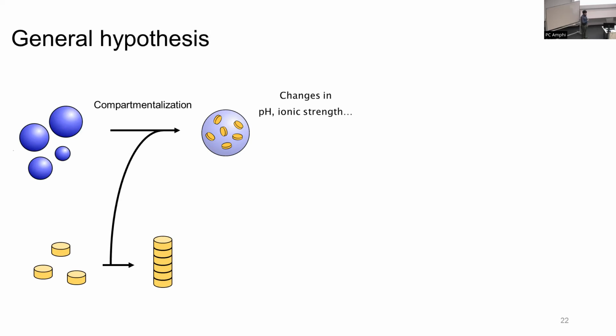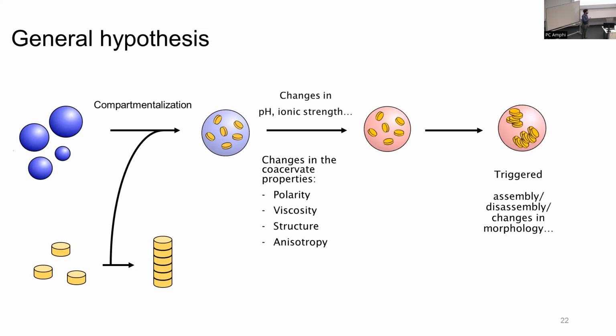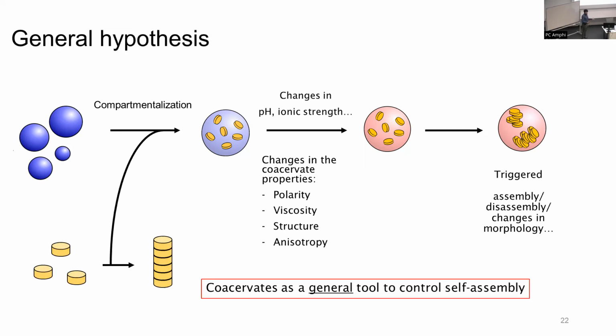Now, if you make some changes to the solution, that will affect the properties of the coacervate, and then the solvent has changed again, so that in principle could trigger yet another change in the assembly. And there you have it. You are having different polymorphs or different structures formed from the same monomer in a very simple way. And this is in principle a general strategy that you can use.